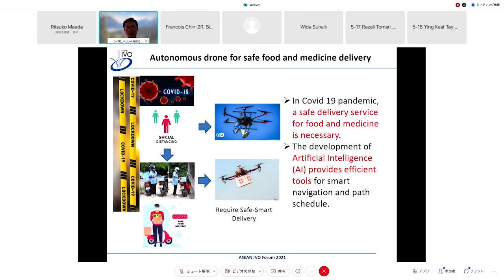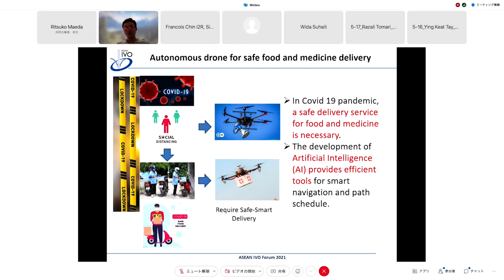However, all people need food and medicine, right? But traditional delivery service poses the potential danger of virus infection.